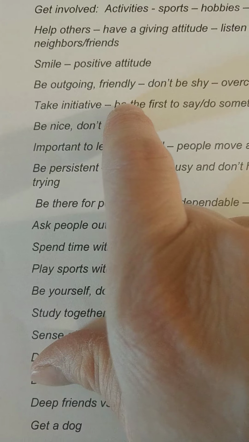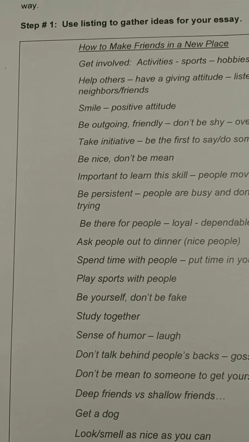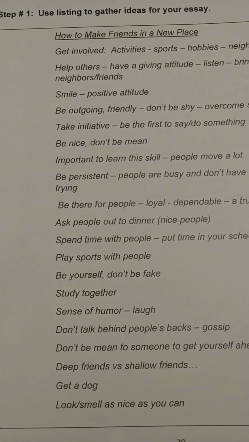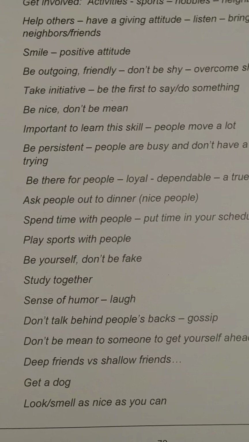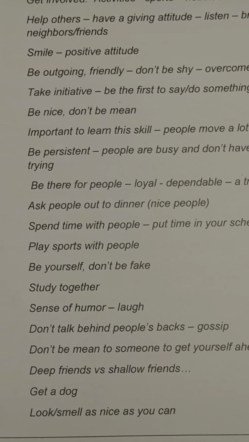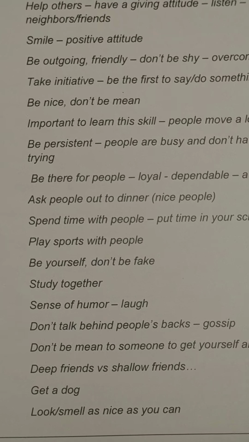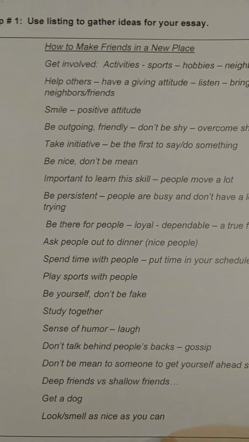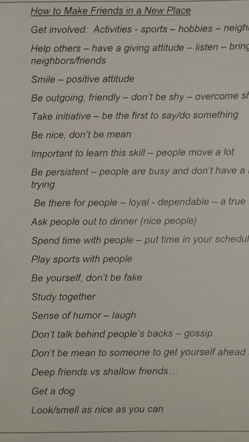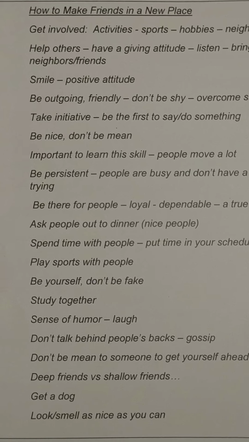Be outgoing and friendly. But as you can see, when I wrote this brainstorm, I just wrote everything that I could think of. Some of these things are funny. I'm sorry, I have a sense of humor. Like look and smell as nice as you can. But in general, I'm just listing whatever comes to my brain.